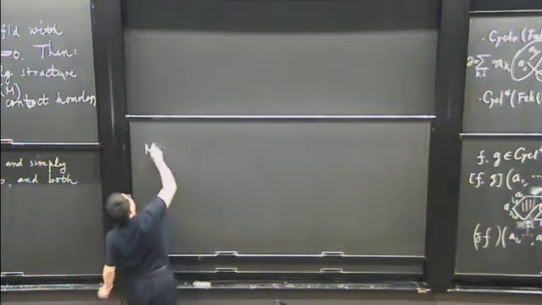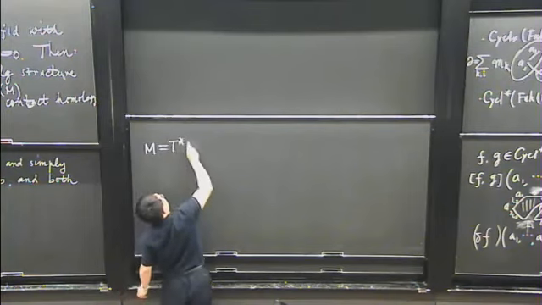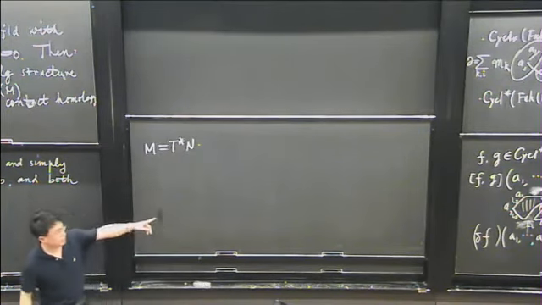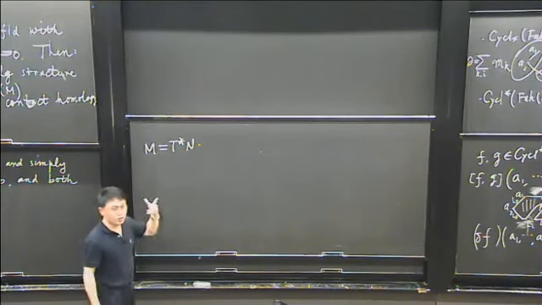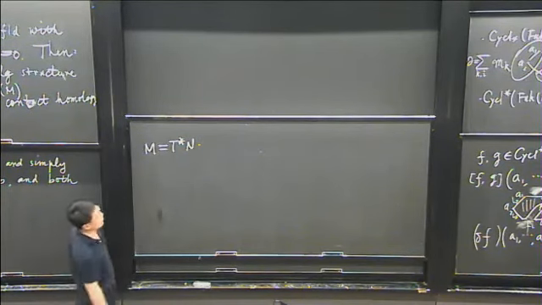Suppose M is T*N. Actually, we claim that the cyclic Cochin complex is quasi-isomorphic to the equivariant homology, or equivariant chain complex, of N.